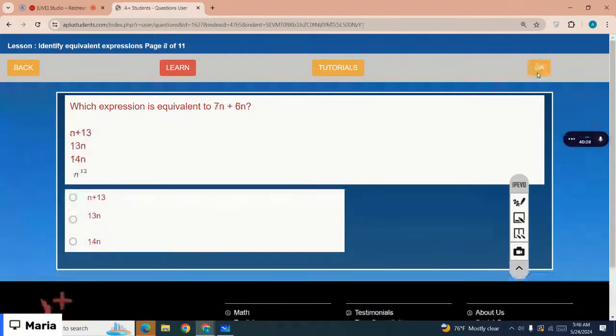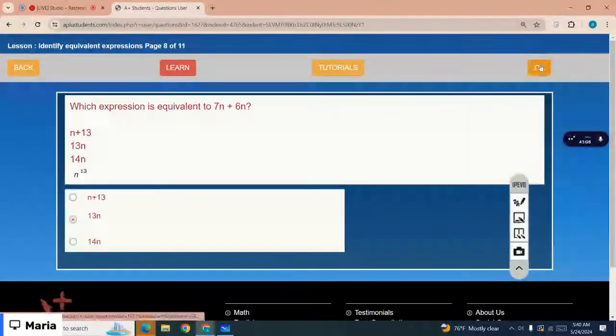Which expression is equivalent to 7n plus 6n, which is the correct option? That is 13n, and option number 2 is the correct option.